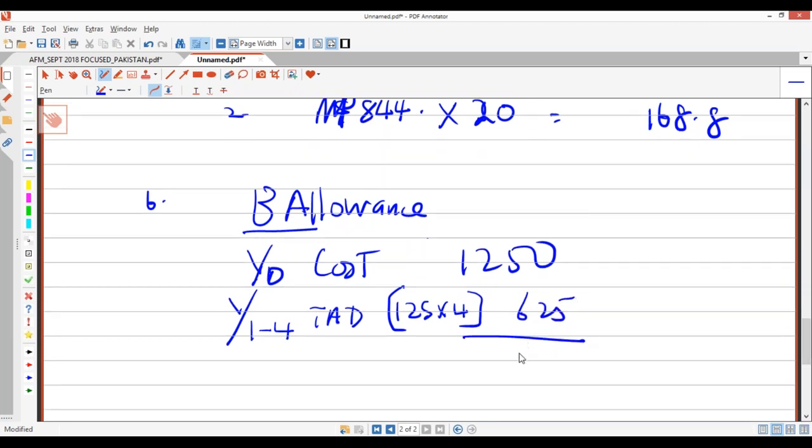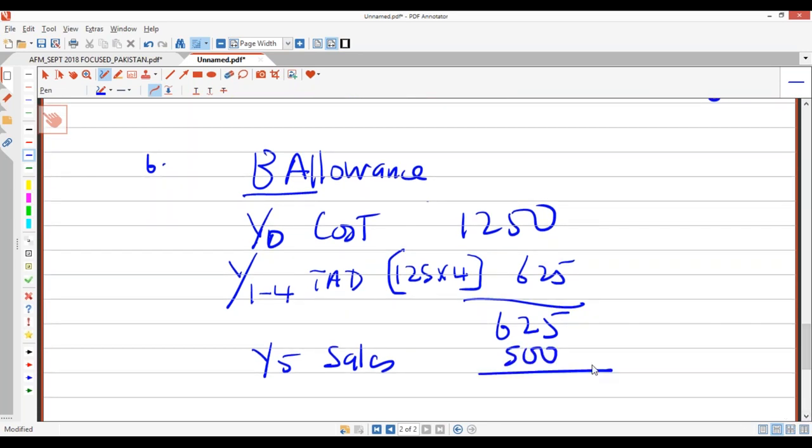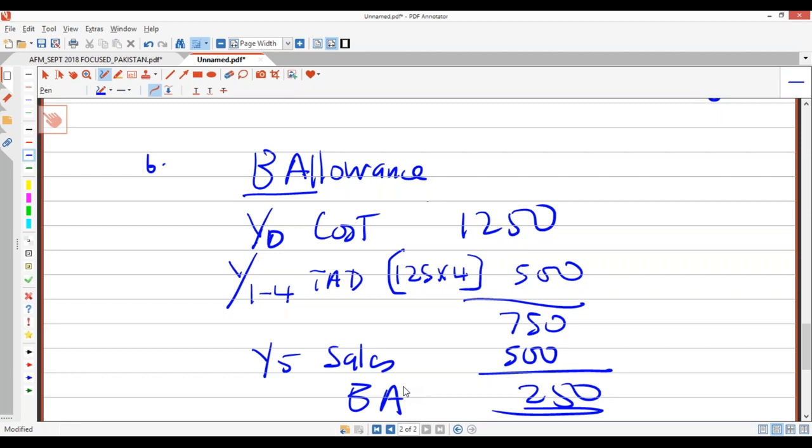Then you're going to get a book value something like 625, and year 5 you're going to have a sales proceed which is 500. Sorry, this is going to be 500, and this is going to be, forgive me, 750, and you're going to make a balancing allowance which is 250.